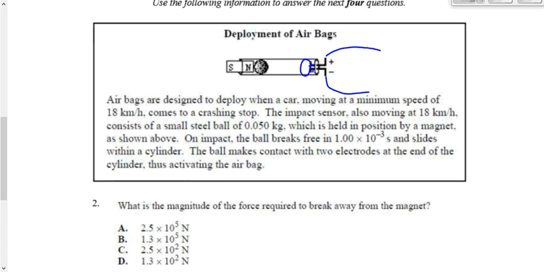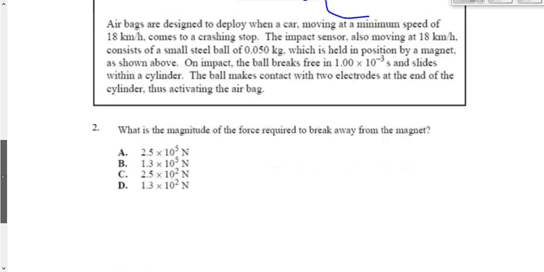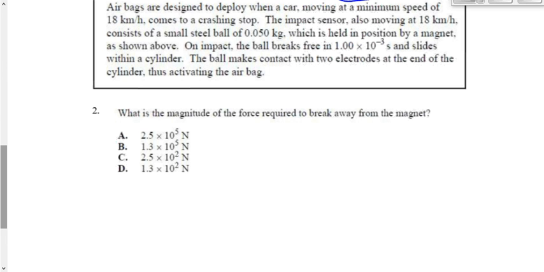All right, so we want to find the magnitude of the force required to break away from the magnet here. We're going to say F times delta T is equal to M times delta V. We know it's impulse because it's force and time in the same question.